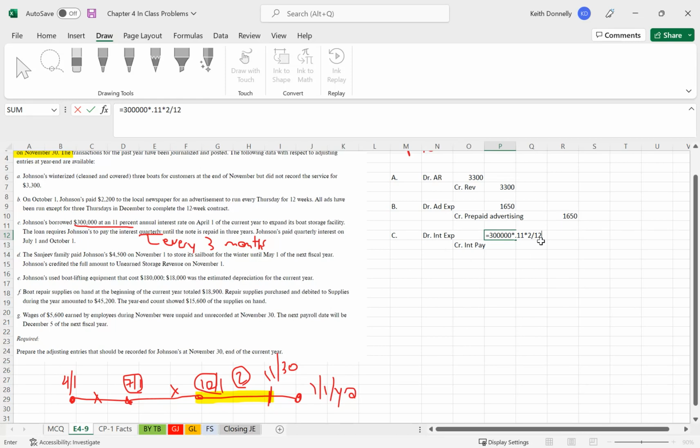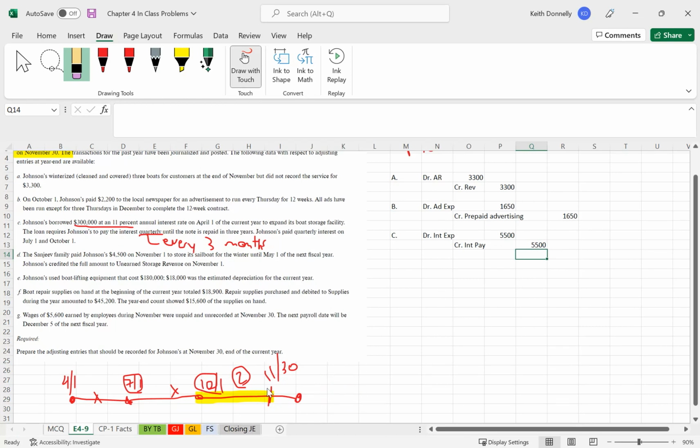And that's out of 12, because that 11% interest rate is also on a 12-month basis. So there we go, $5,500 for C. All right, I'm going to erase this now. If you want to look at that conceptually, pause it, but now I'm going to erase it.